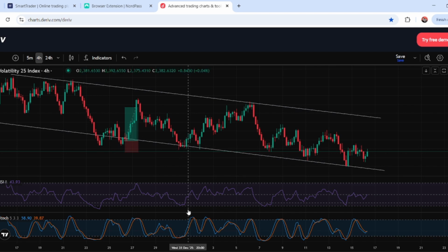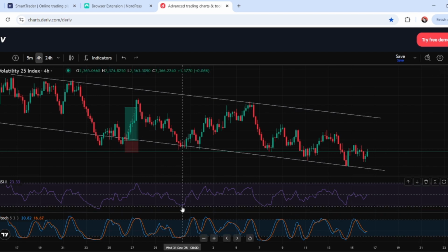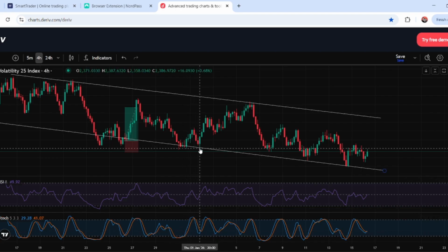Second example, the same thing. You want to see your RSI touch your support level, your stochastic touch your support level, then wait for your second leg, which is this is your second leg. Get an engulfment 4 hours or 1 hour engulfment candle pattern, then same thing you do here.